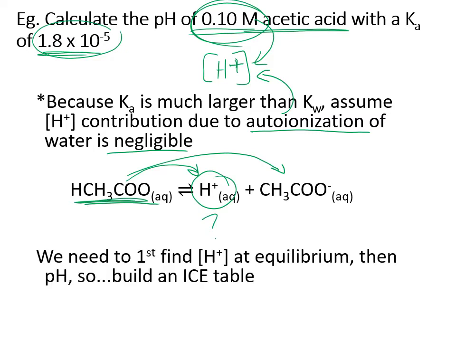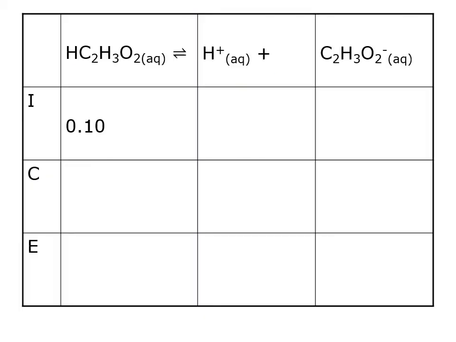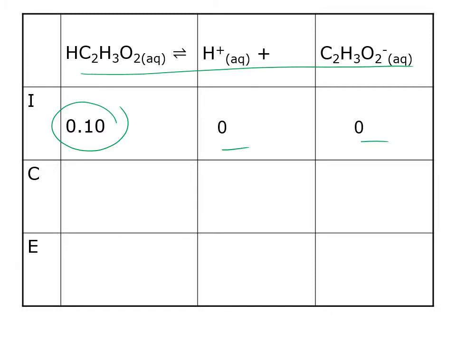So to do this, we're going to find the hydrogen ions at equilibrium. And so, again, we want to know an equilibrium concentration. We have an initial concentration. It helps to keep track of these numbers using an ICE table. So same thing, set up your reaction. I've rewritten it as an acetate ion here. We know our initial concentration for our acetic acid. We know that we have 0 moles per liter for both of the products.